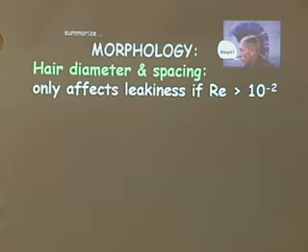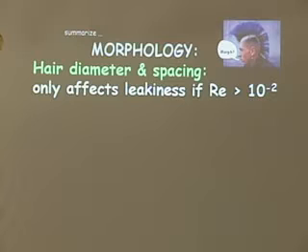And so with Angela's mathematical models and our physical models, we explored the parameter space that this gentleman represents here. And I won't bore you with more graphs, but let me summarize what we learned. Hair diameter and spacing, as you saw in the graph I just showed you, only affects leakiness if the Reynolds number is greater than 10 to the minus 2.